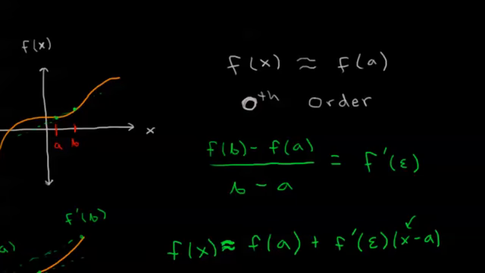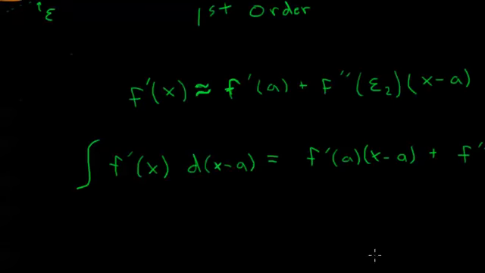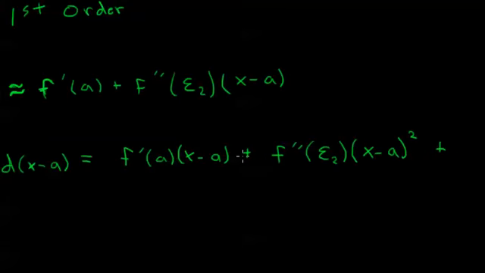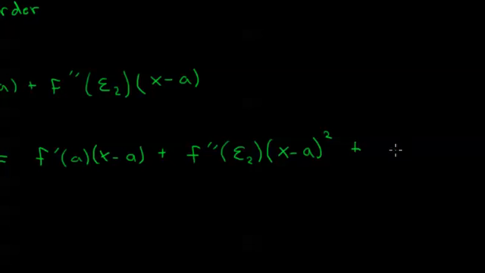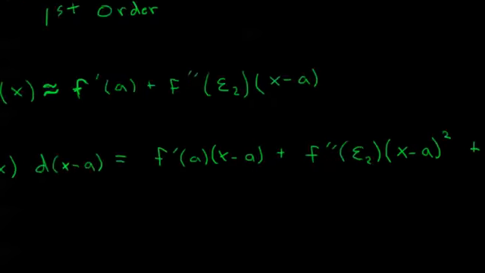If I plug in a for x, a minus a, this term goes away, a minus a squared, this term goes away, and so I have to be left with f of a. f of a is my constant of integration.